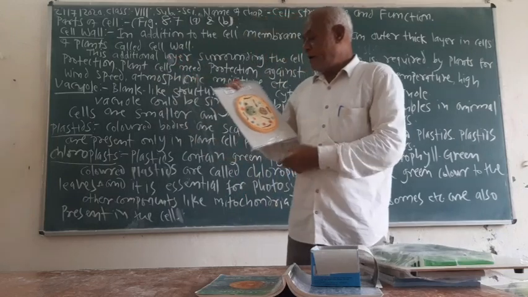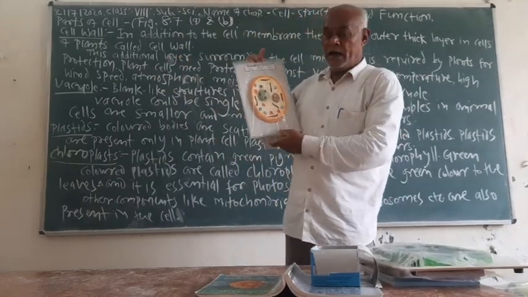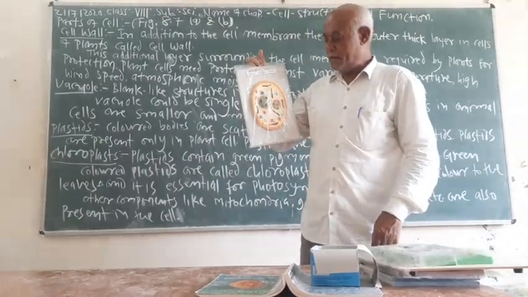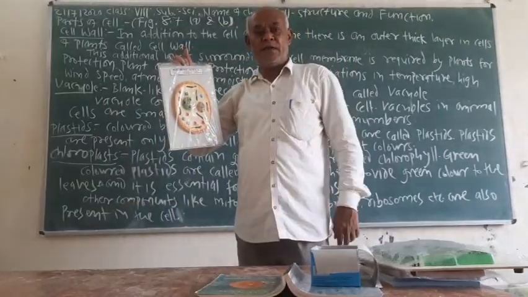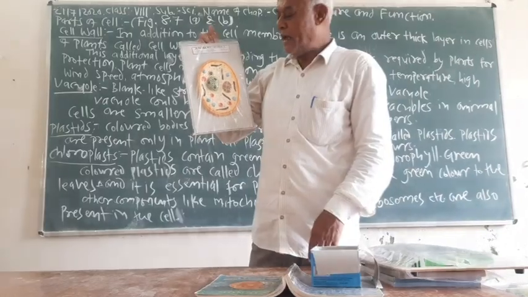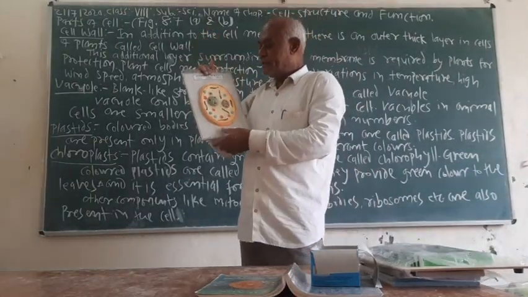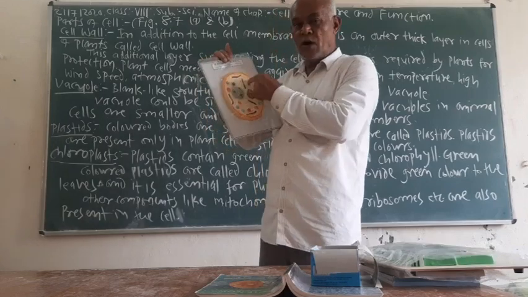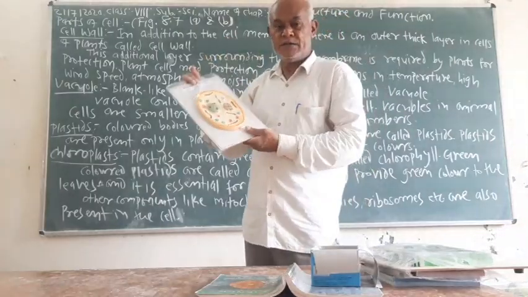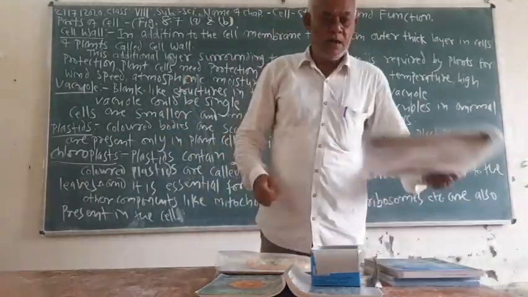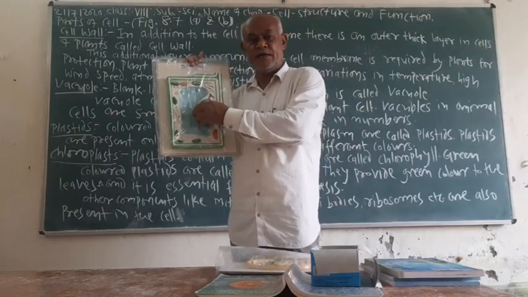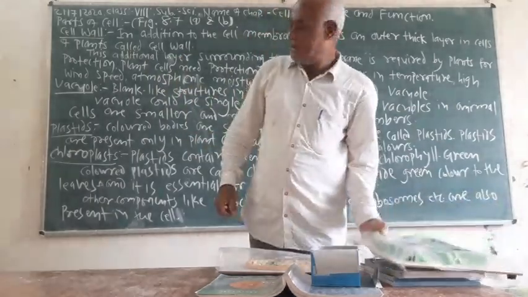You see in the animal cell there is more than one vacuole present. Comparing the size of vacuoles between plant cell and animal cell, small and more than one vacuole are present in the animal cell, and in the plant cell, one large, big vacuole is present.